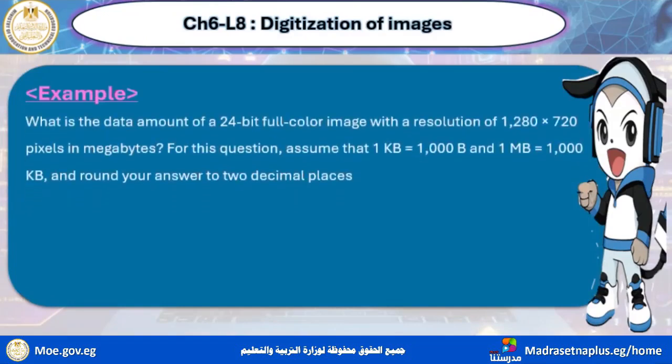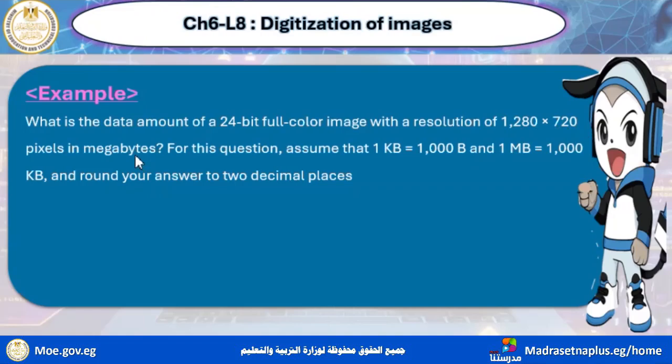Let's see an example of how to calculate the size of an image. What is the data amount of 24-bit full color, which is the depth of color, with a resolution of 1280 by 720, meaning the number of vertical and horizontal pixels?